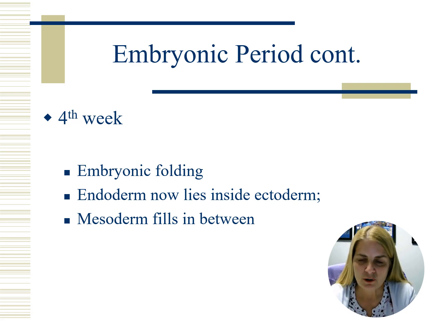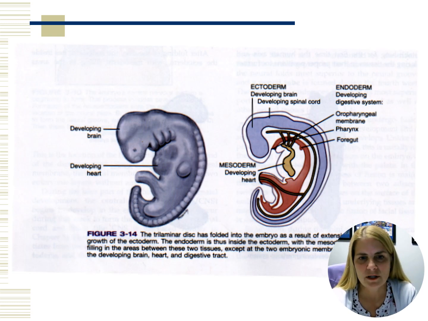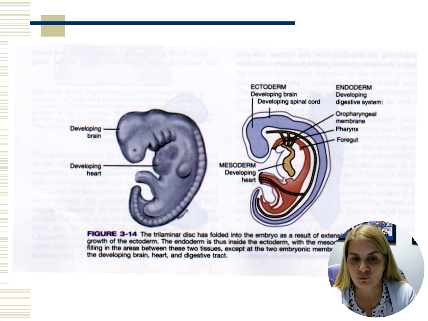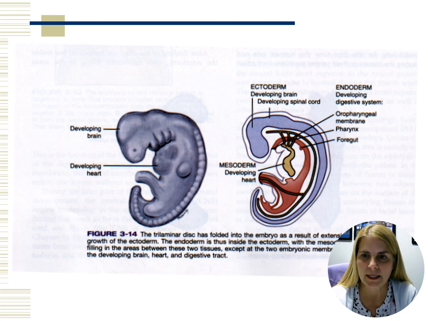And then mesoderm is going to be the muscle areas and the connective tissue areas, which are in between the inside and the outside of the eventual embryo. Here it shows the folding of the embryo. The trilaminar disc has folded into the embryo as a result of the growth of the ectoderm. The ectoderm's on the outside, the endoderm's on the inside, and then the mesoderm is starting to fill in the in-between areas.